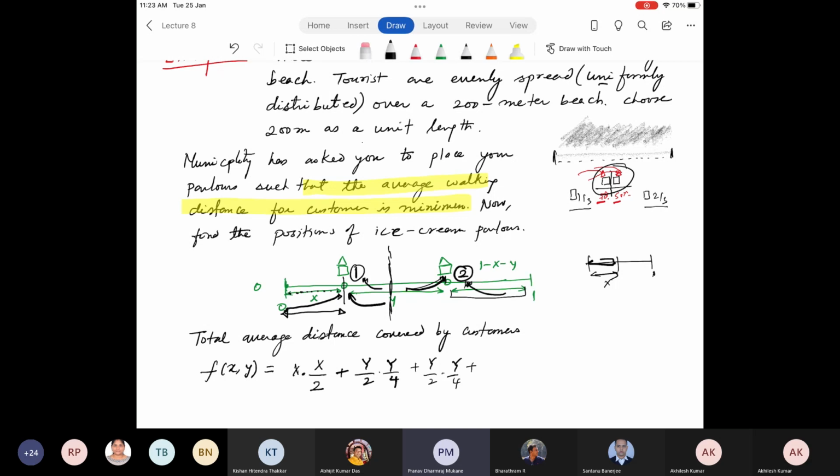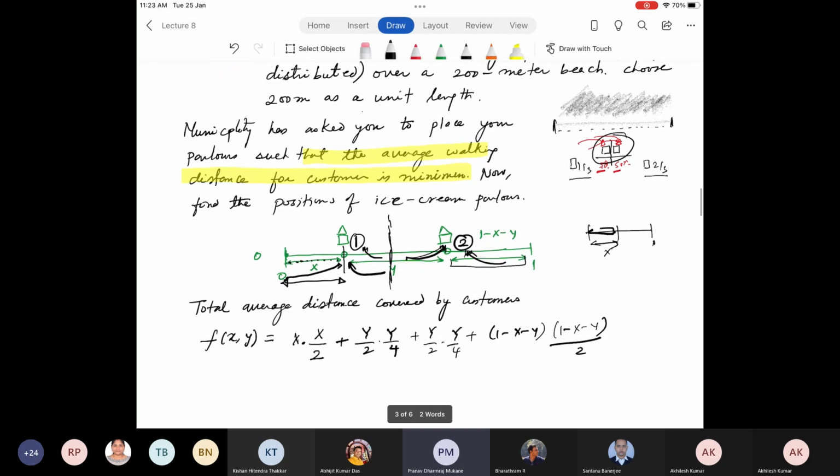And for this one, 1 minus x minus y into (1 minus x minus y) by 2. Please look at the expression. If you rearrange these terms, I will have x square by 2 plus y square by 4 plus (1 minus x minus y) whole square by 2. Let me know if it is still not clear.